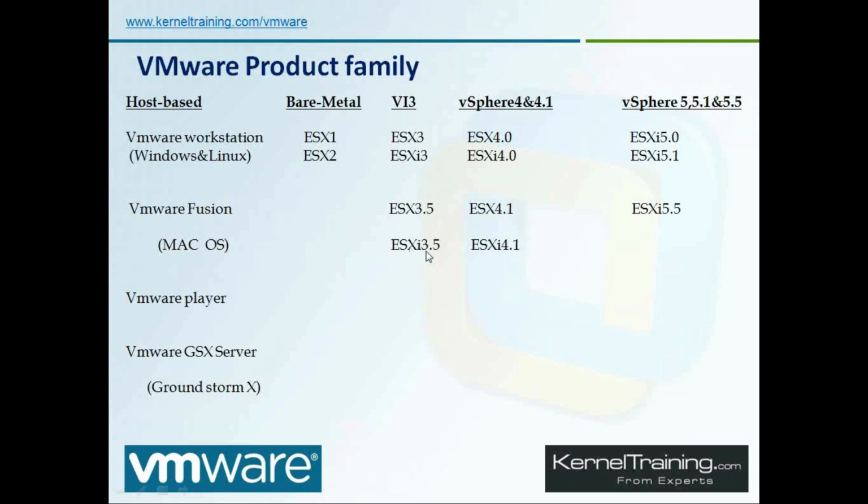After ESXi 3.5 they released ESX 4 and ESXi 4, and ESX 4.1 and ESXi 4.1. With ESX 4 and ESXi 4 they renamed the VMware Infrastructure 3 product as vSphere. So we have vSphere 4 for ESX 4 and ESXi 4.0, and vSphere 4.1 for ESX 4.1 and ESXi 4.1.